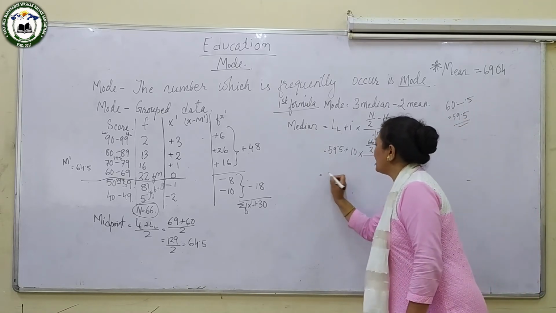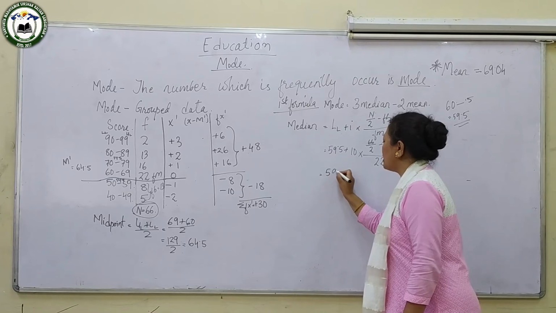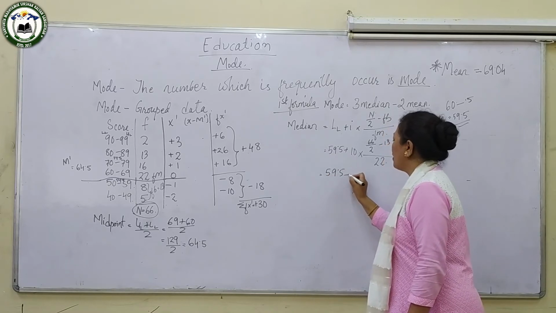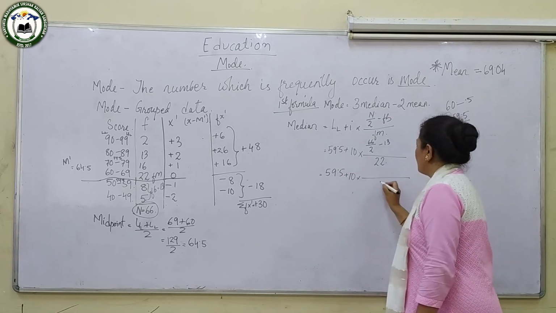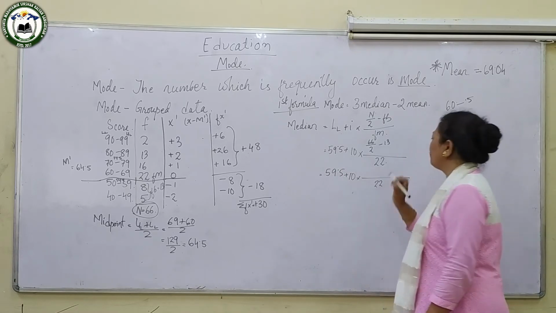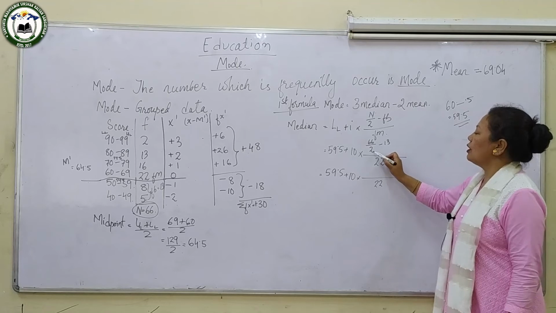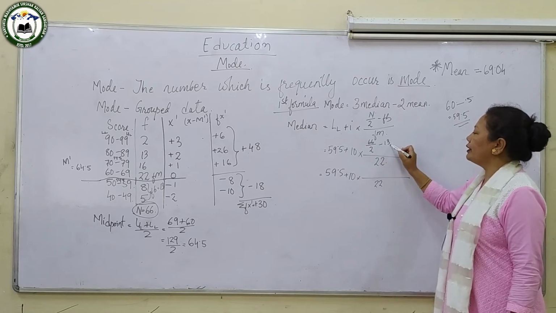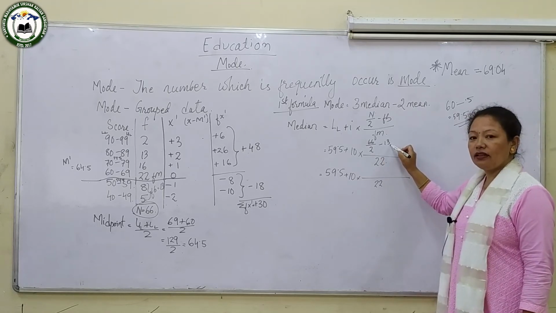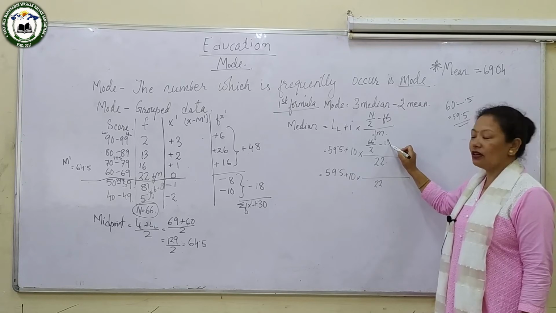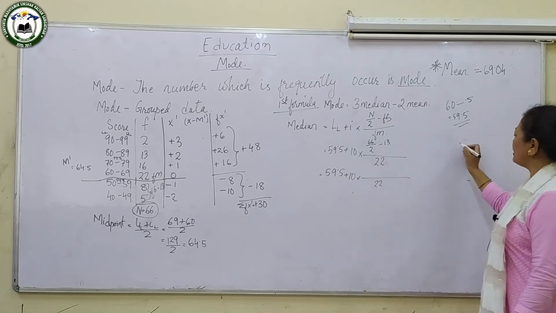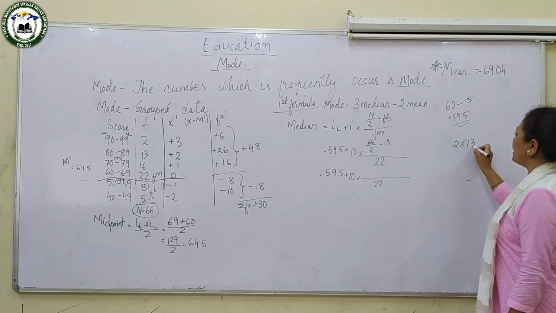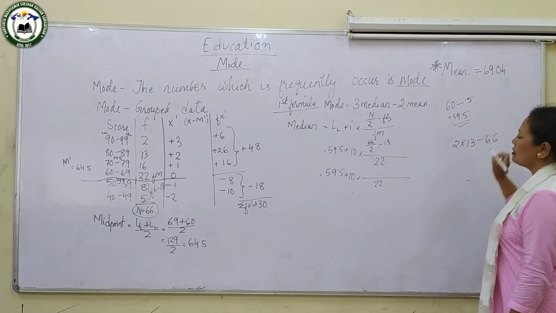Okay, now the next step, 59.5 plus 10 into, so this is 22. So what I do is 2 into 13 is 26, 26 minus 66.